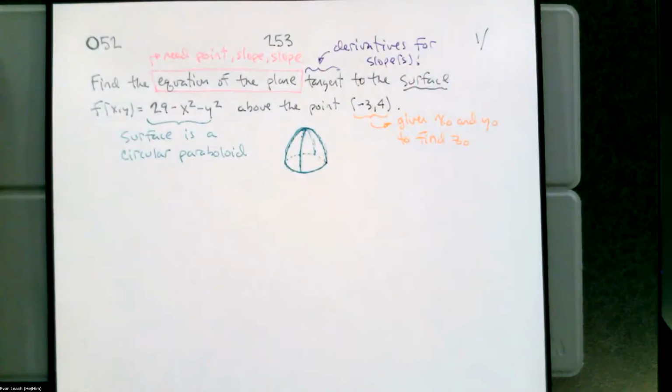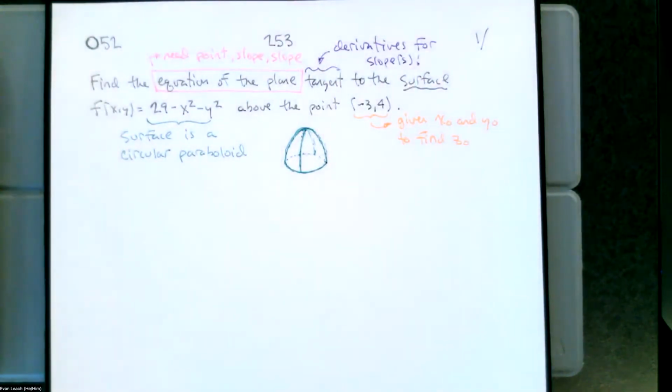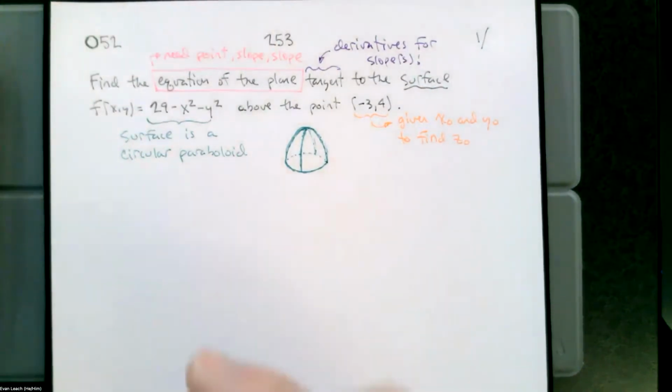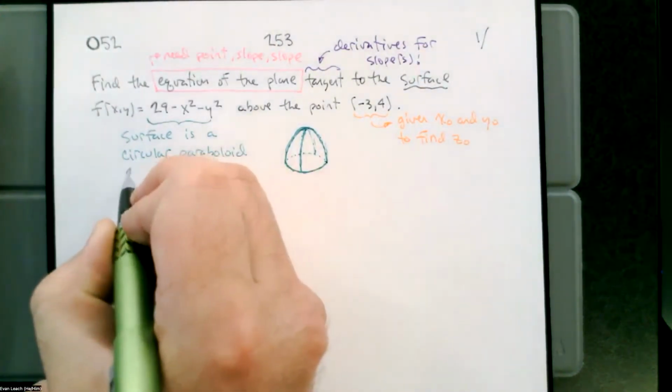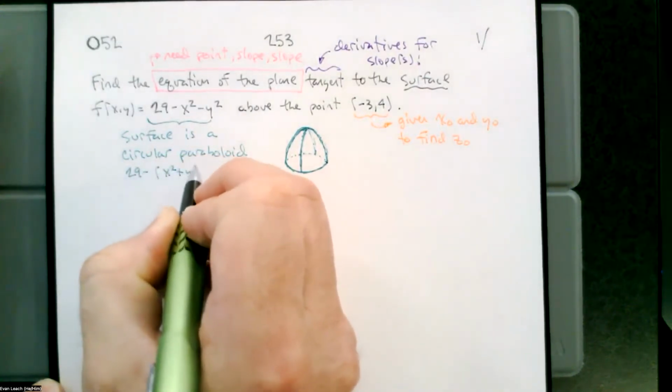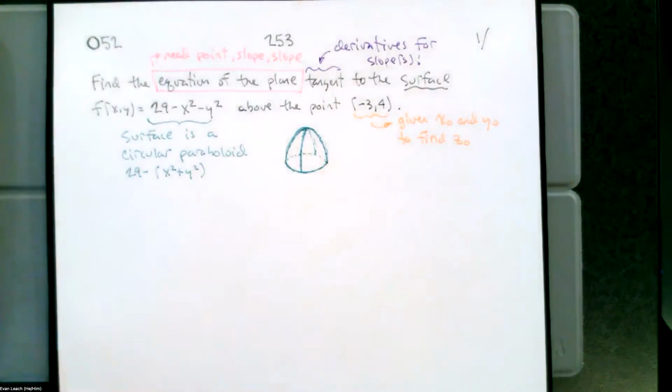Circular paraboloid, that's what we want to see when we see that 29 minus x squared minus y squared. If you're having trouble seeing the circles, there they are.